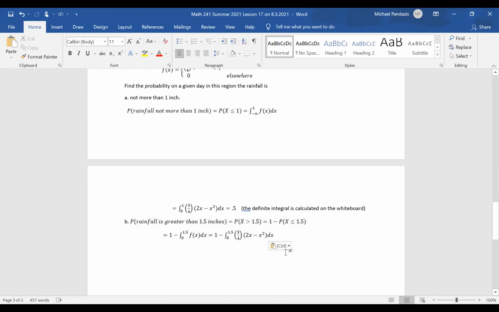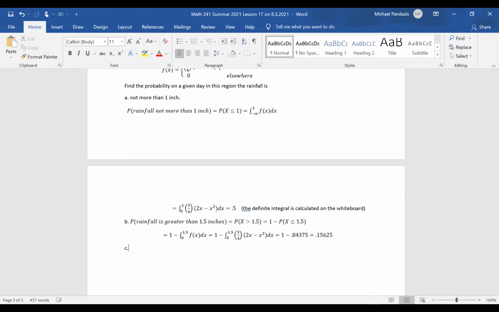And so now you calculate this definite integral, and you get 1 minus 0.84375, which is equal to 0.15625. Okay, and so then you're done there. So you just calculate this definite integral, 1 minus that. Okay, you can calculate this very similar to how I calculated that on the whiteboard.